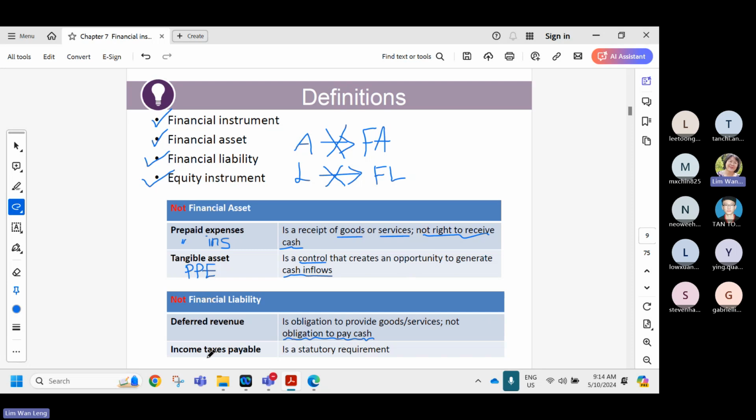Since this is a statutory obligation to deliver cash, it also does not fulfill the definition of a financial liability. So this tells you the difference between financial assets and the assets that you see in your books, and between financial liabilities and the liabilities as captured in the SOFP.